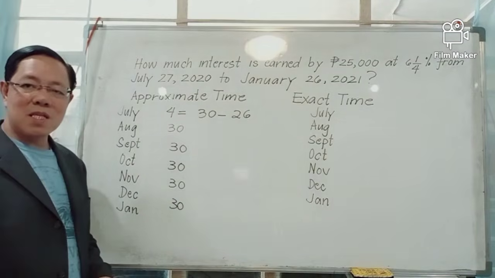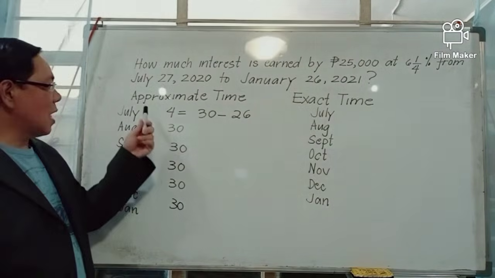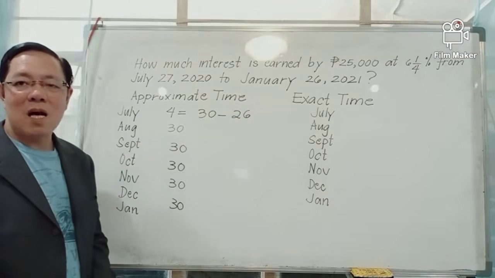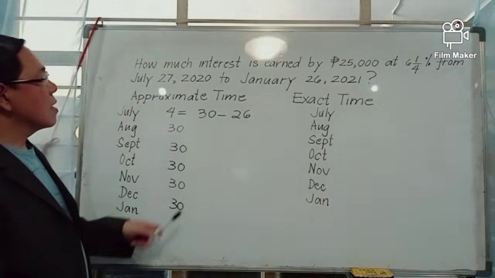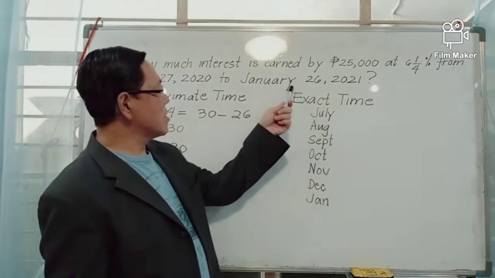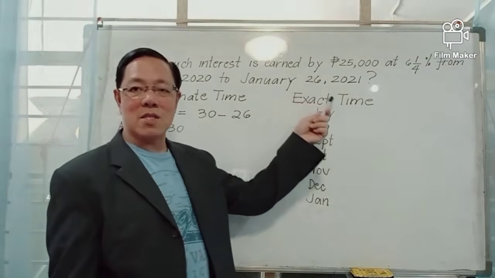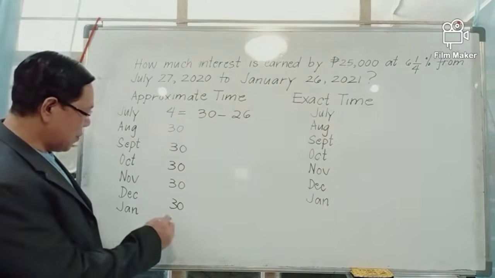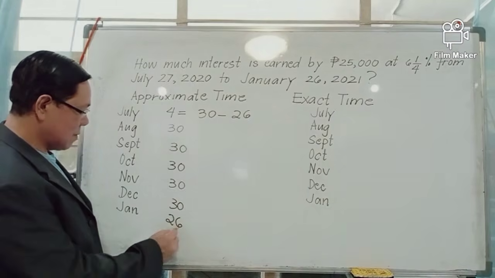We have 30 days for these months because in approximate time, we assume that each month of the year has 30 days. And the number of days should be counted until January 26, 2021. So for the month of January, we have 26 days.